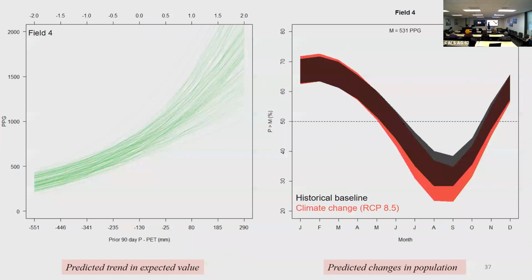You can use a climate change data set, so you know this is a warming trend that continues through the end of century. And then like a Sharpie, we can just paint over with the historical baseline and look at where it's different. So for this field, maybe you might have a slight increase in the winter, but you're going to have more of a decrease during the summer and the fall months. And that's how it's going to change.